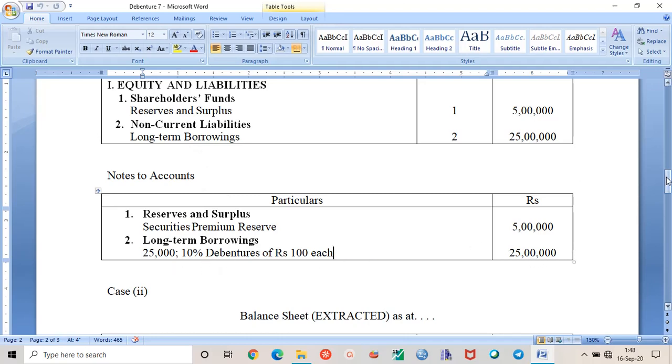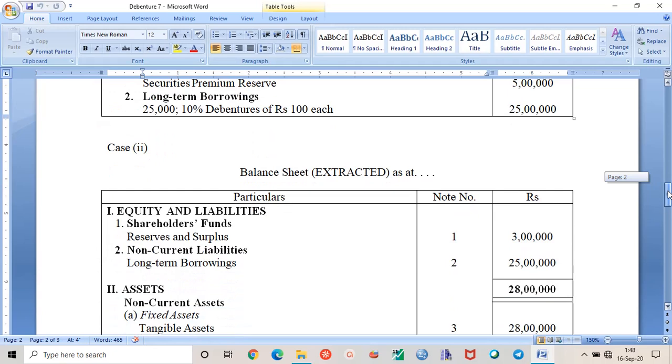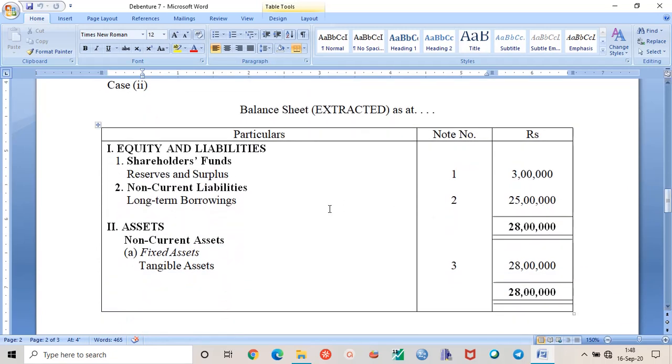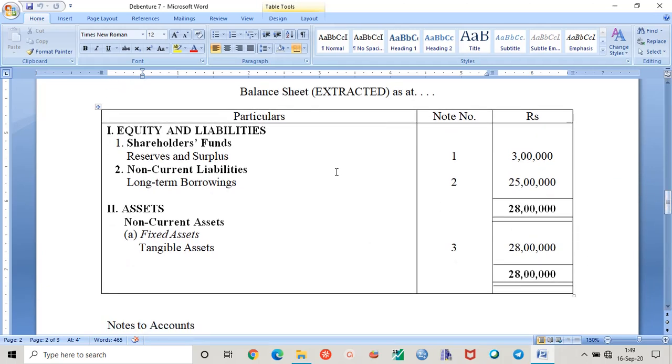So now for case number 2, I have shown both these. Just like in case number 2, you can show the balance sheet also for case 1, showing the cash at bank also. You can show that way. So this is the balance sheet.